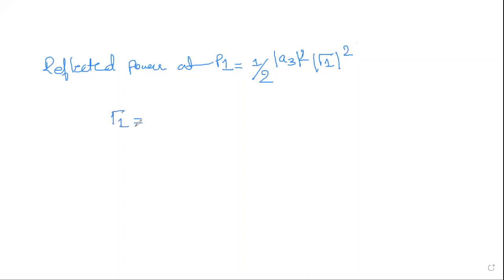What is the formula? How do you find the reflection coefficient here? Since you are finding it for port 1, 45 ohm is given, 50 ohm is given, 55 ohm for port 2 is given. So how do you write gamma 1? Which is your ZL?